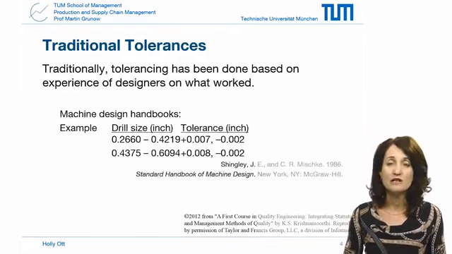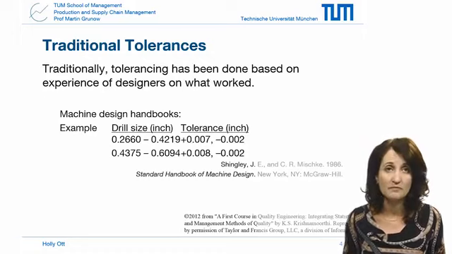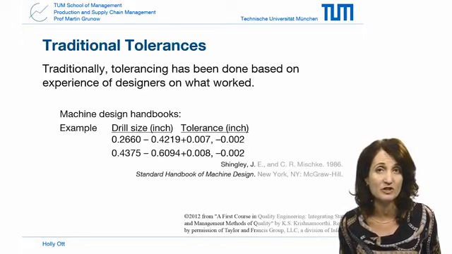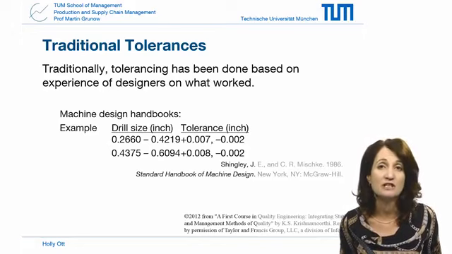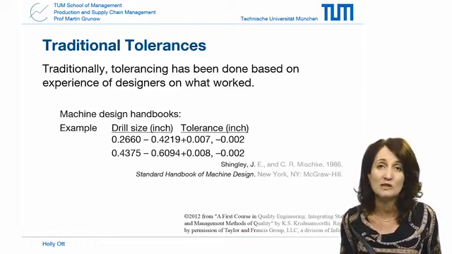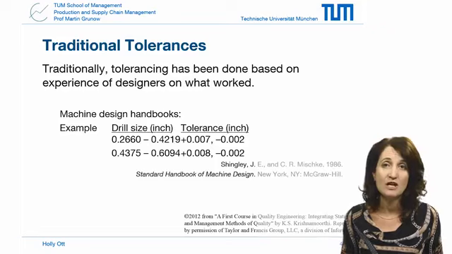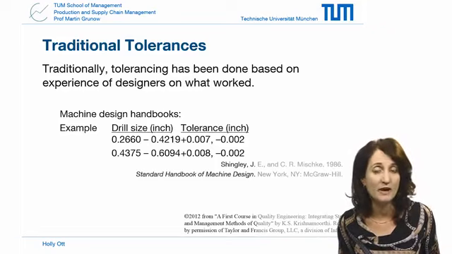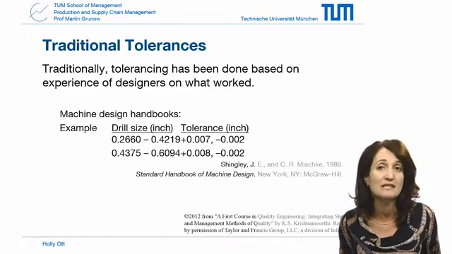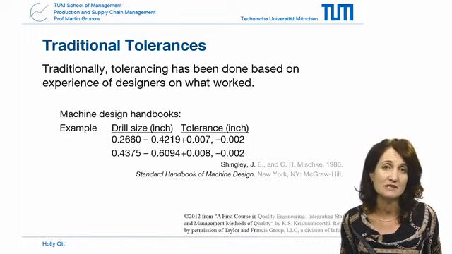For example, you can find in machine design handbooks. This is an example from the Standard Handbook of Machine Design by Shigley and Mischke, 1986. And here we have examples for the tolerance of drilled holes. So for particular drill sizes, and these are in inches, you have a tolerance of plus 0.007 and minus 0.002 for these given drill sizes.